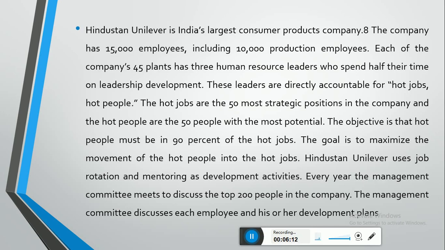So that's why in this company the 50 most strategic positions are for the 50 hot people with the most potential. The more potential you have, the more likely they will give you that position or job. The objective is that hot people must be in 90% of hot jobs. The goal is to maximize the movement of hot people into hot jobs.